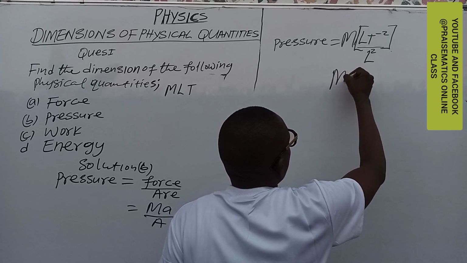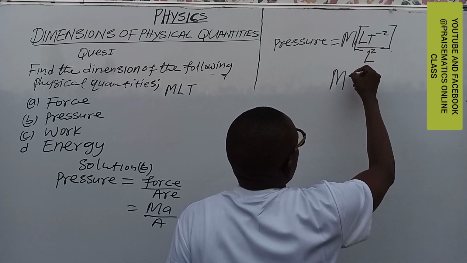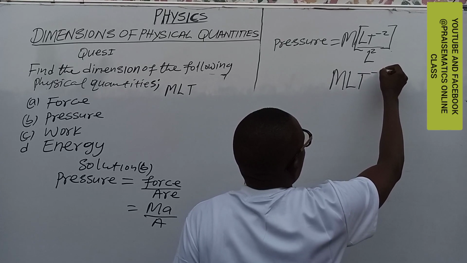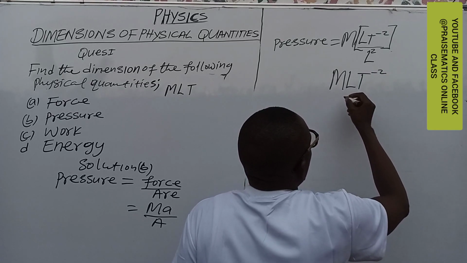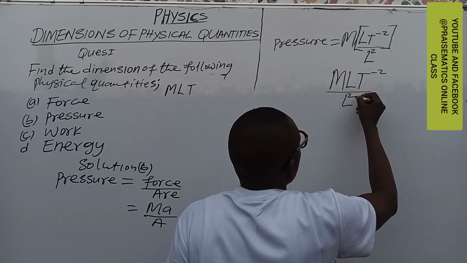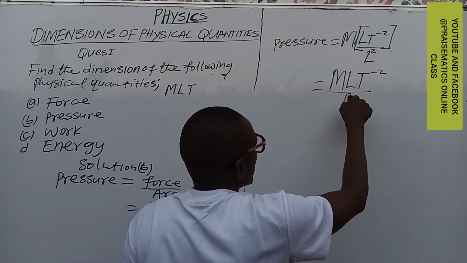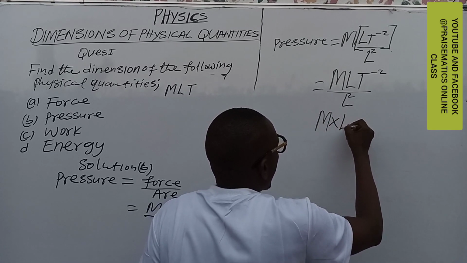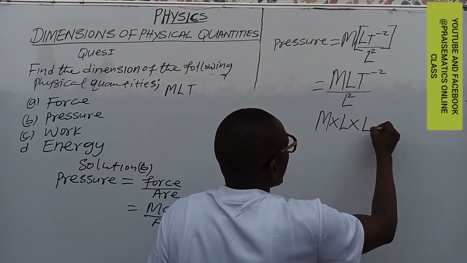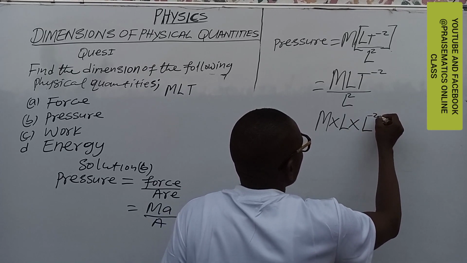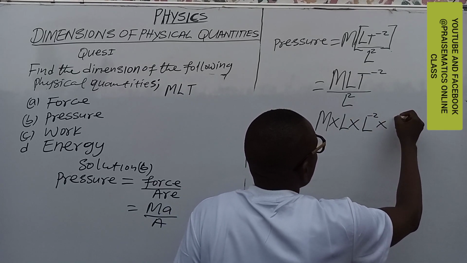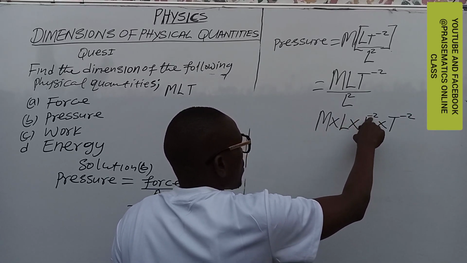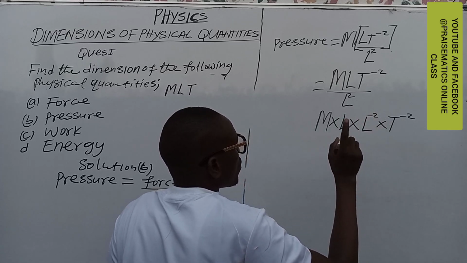Okay, what do we do now? We have this as M into L, T raised to the power minus 2, all over L squared. Now what do we do? This will go up. We have it as M multiplied by L multiplied by L raised to the power minus 2, multiplied by T raised to the power minus 2. Now by the law of indices, 1 plus minus 2 gives us minus 1.